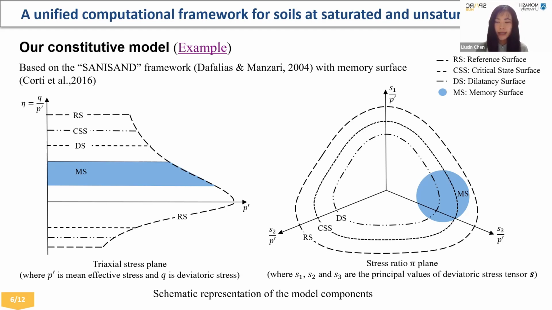In our model, we address many challenges associated with a great number of loading cycles and take stress history into account, for instance, multi-stage cyclic loading with various loading amplitudes.